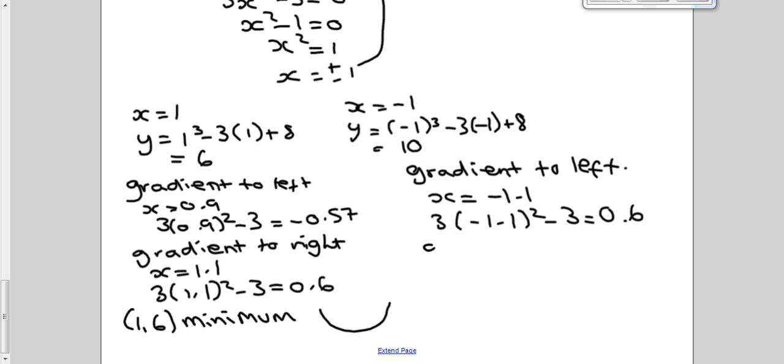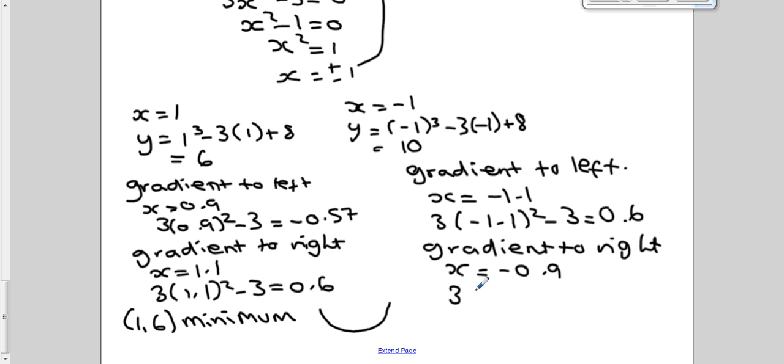And then the gradient to the right is at x equals -0.9. So that's 3 lots of -0.9 squared minus 3, which equals -0.57. So here we have a positive gradient going into a stationary point and then going into a negative gradient.